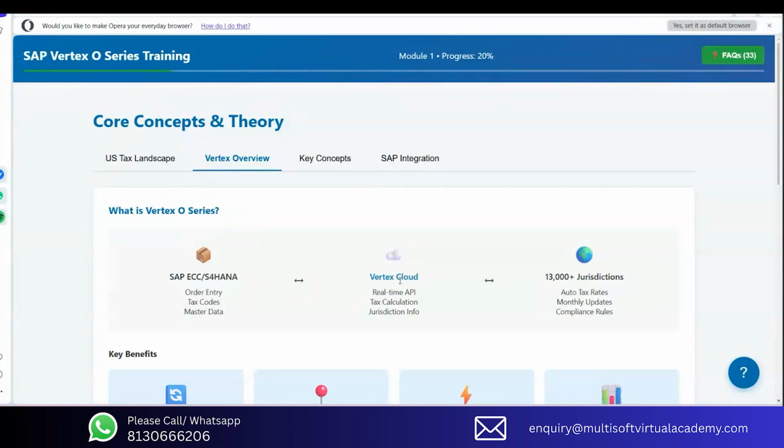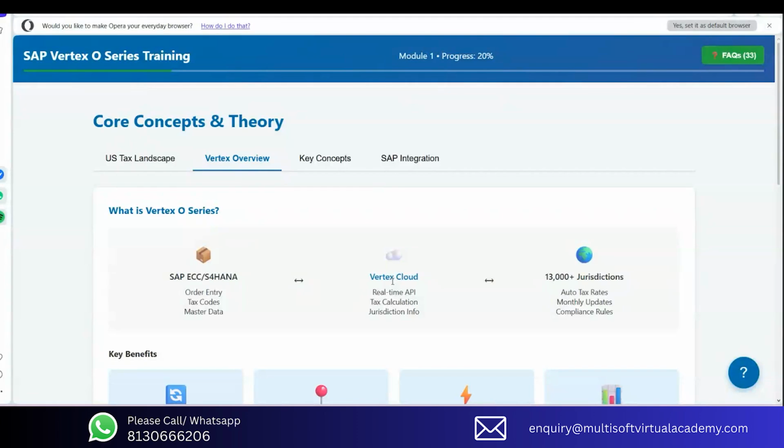Immediately that amendment is reflected in Vertex, because that is their job. Whenever the tax rate changes, the Vertex team does it on their own in the back end. You don't need to worry about it. When you are entering sales orders, you don't need to worry about the tax rates. The moment you enter the sales order, it will hit Vertex, and in Vertex, every amendment update happens in milliseconds.